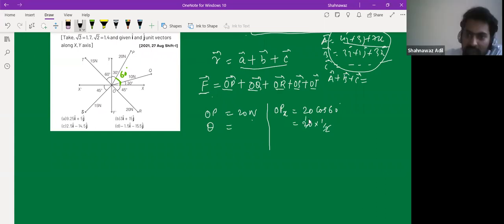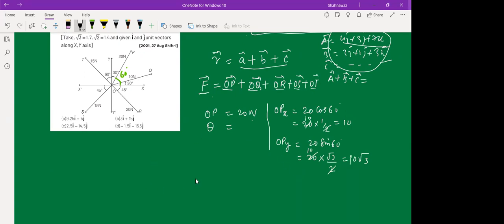So this is 10. And your OP Y is 20 sine 60. So this is 20 root 3 by 2. So this is 10 root 3. Understood?